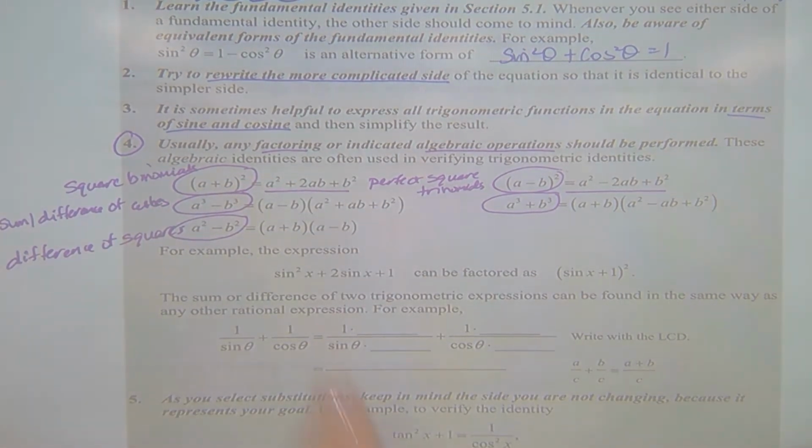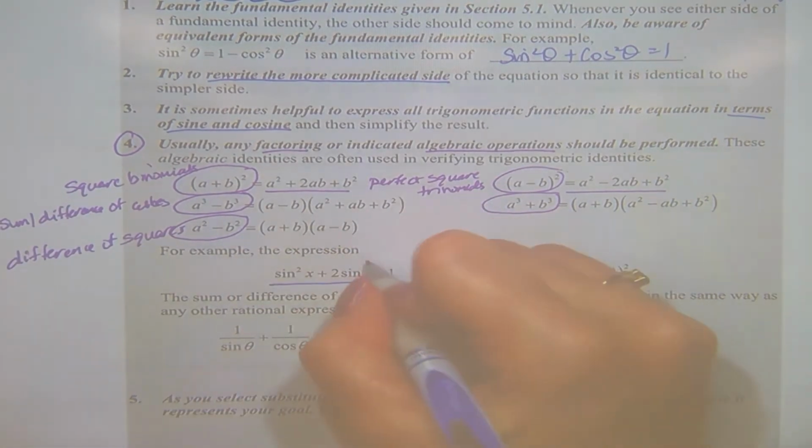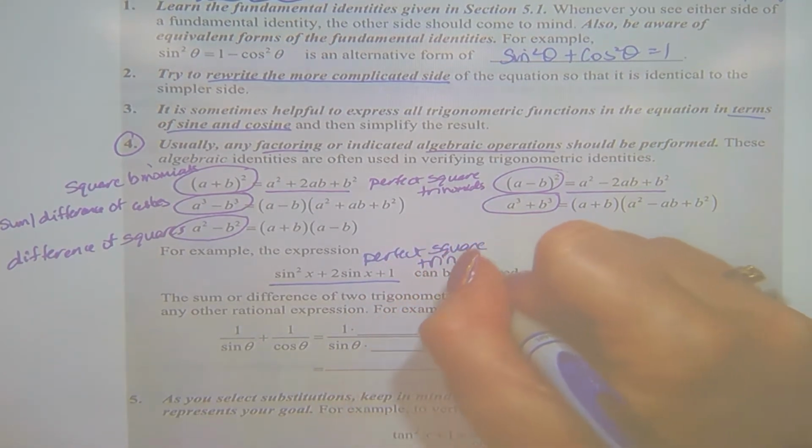For example, this is a perfect square trinomial. When I see this, it should clue you in that I can factor that like a quadratic equation, use reverse FOIL, and I'm going to end up with a binomial square. If you want to see that off to the side, this is a perfect square trinomial, and it's going to give me a binomial squared.